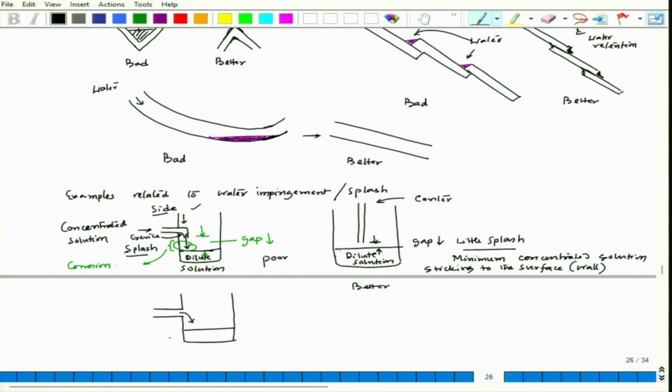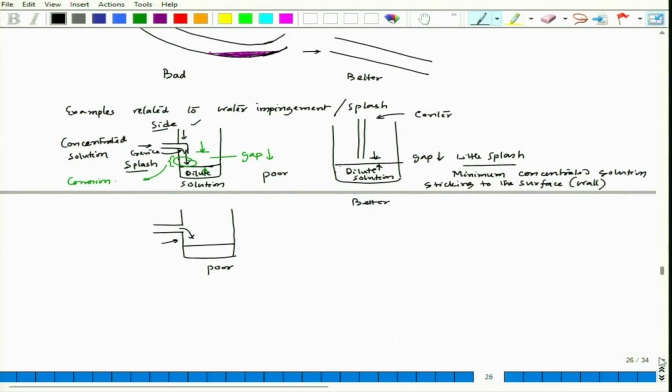So, that can lead to another severe problem, because a lot of solution can stick to the surface of this particular wall, and corrosion can happen. So, you are avoiding crevice, but you are actually bringing in another problem of more splash. So, this is also poor.